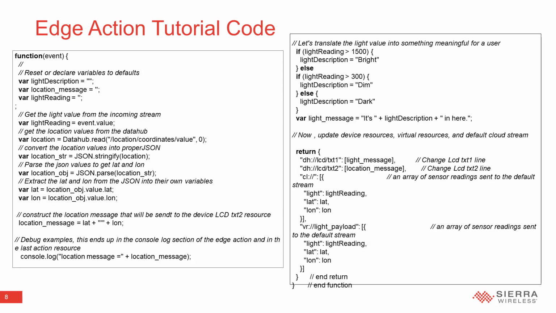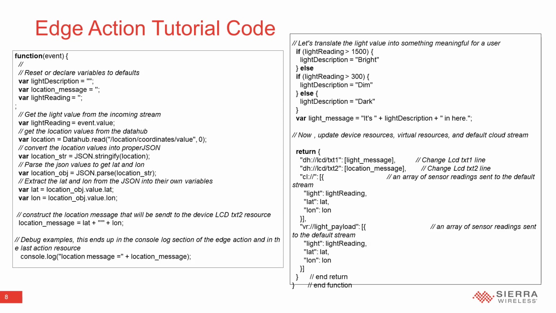If the light reading is greater than 1500, the description will be bright. If it's greater than 300, the description will be dim, else it will be dark. So we construct the light message, and then we return values to the different options we have in our edge action. First, we will display the light message on the LCD, and then the location, which is the lat and long on the LCD.